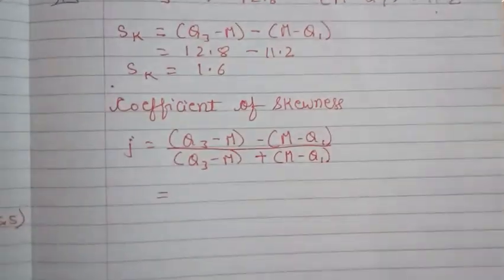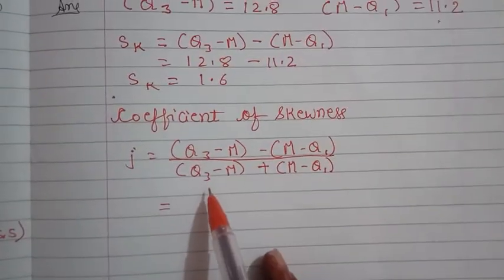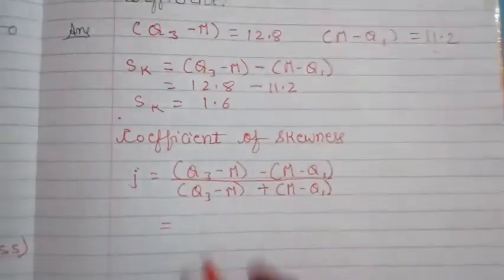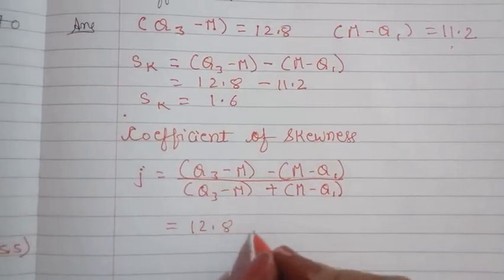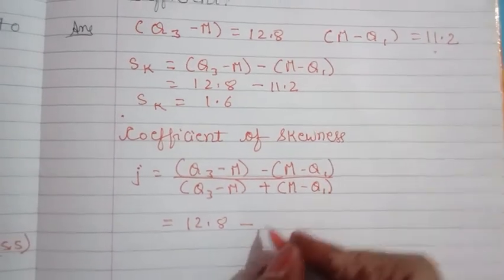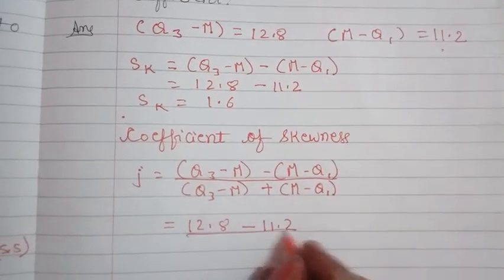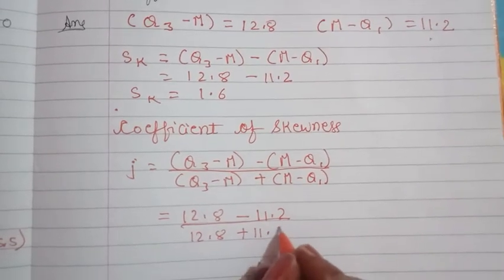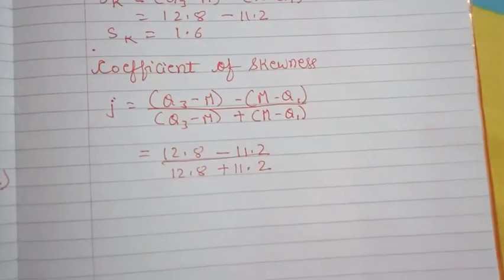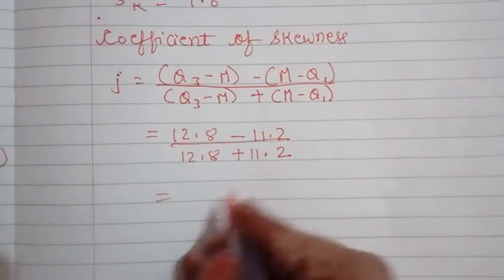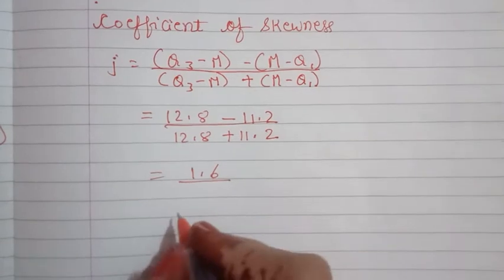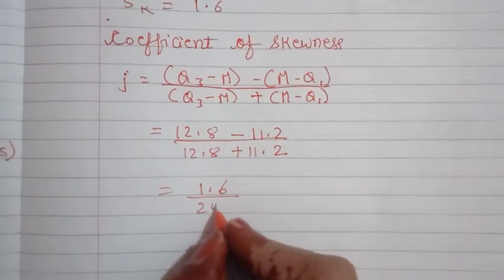Now here we will replace them with the values. Q3 minus M is given 12.8, M minus Q1 is given 11.2, so 1.6 upon 12.8 plus 11.2, which is 24.